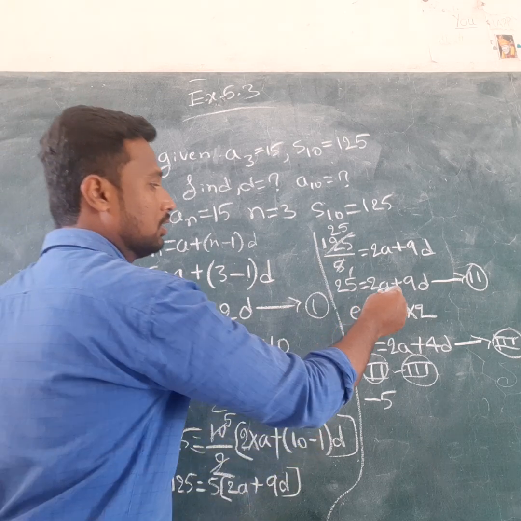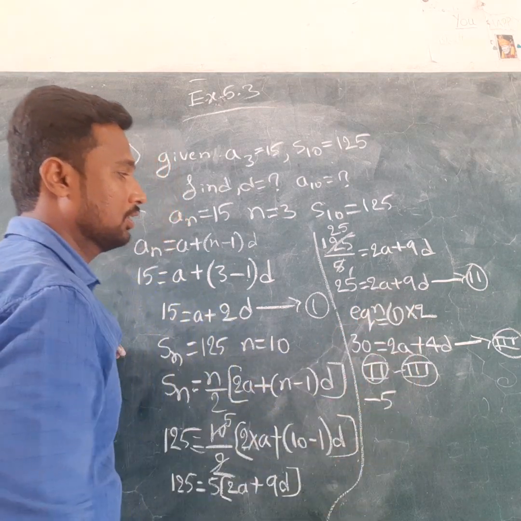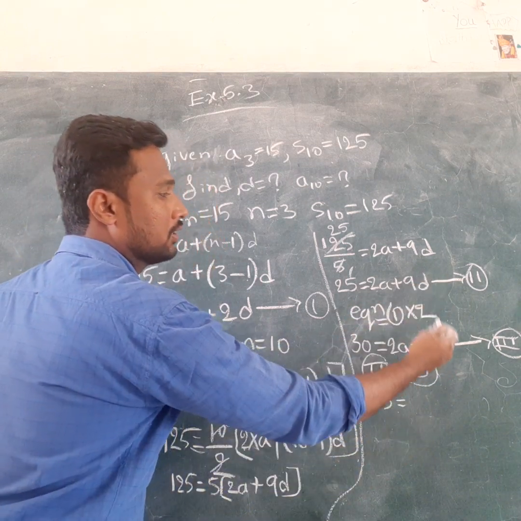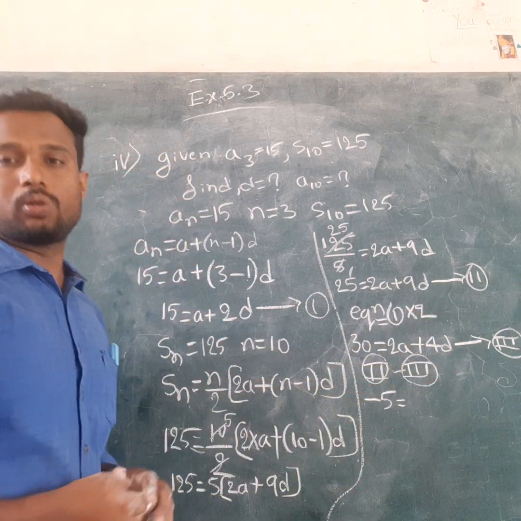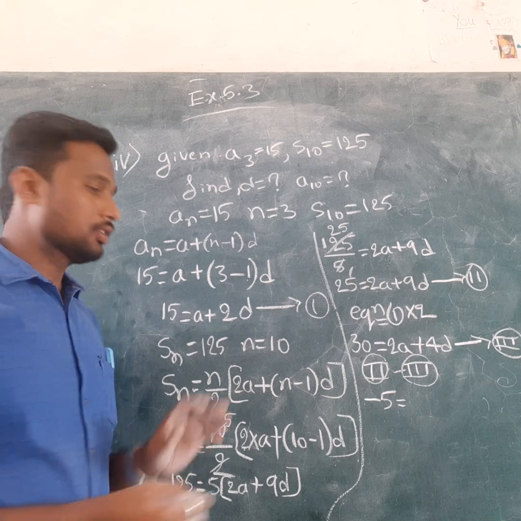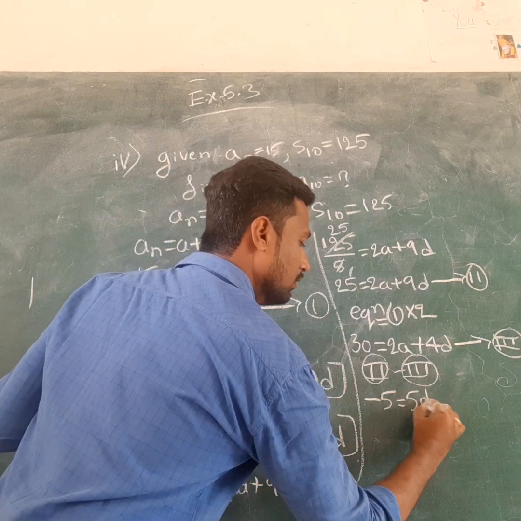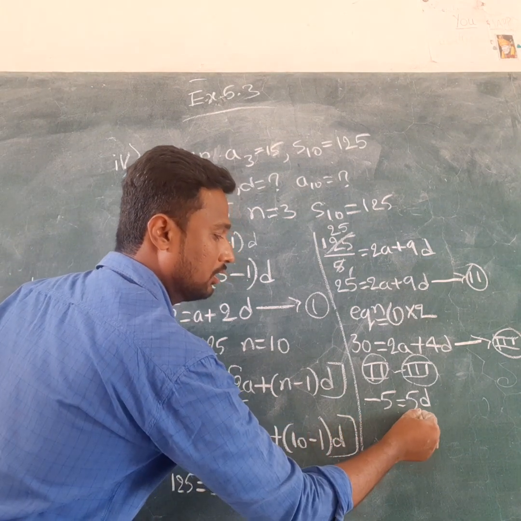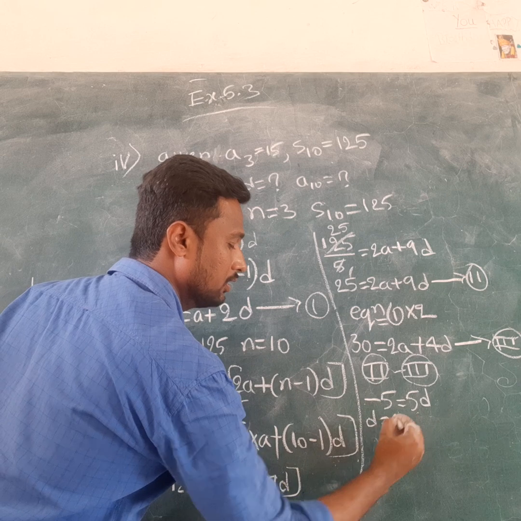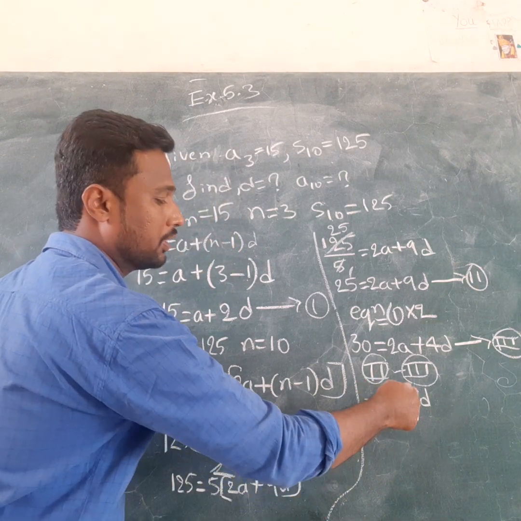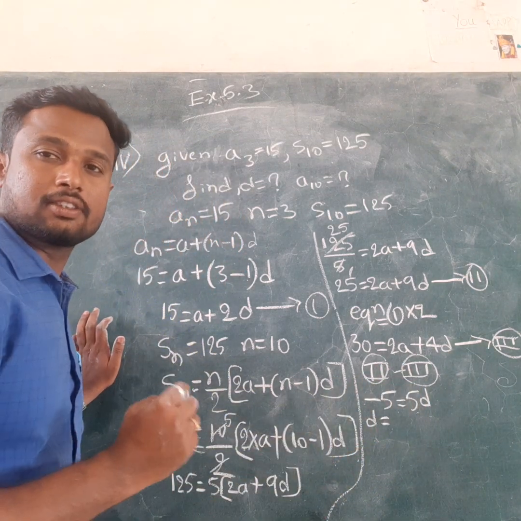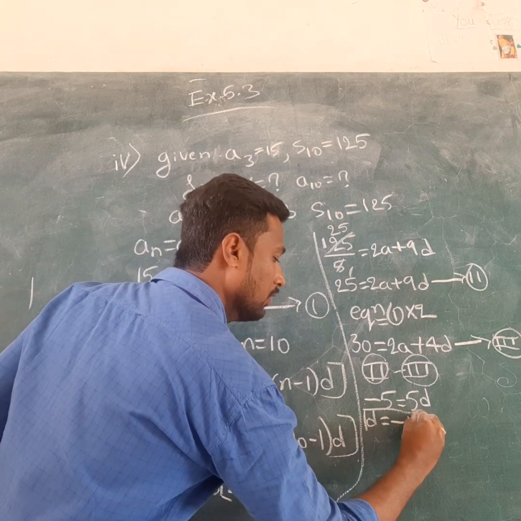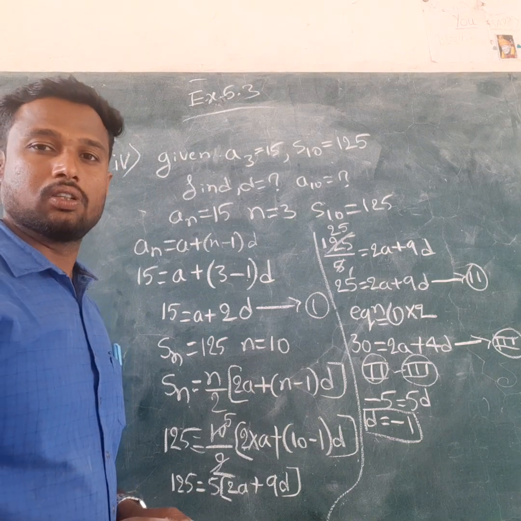Next, 2a minus 2a means 0, cancels. Next, 9d minus 4d means 5d. So now I will send this 5 to the left hand side. d is equal to minus 5 by 5, what is the answer? Minus 1. So I got the d value as minus 1.